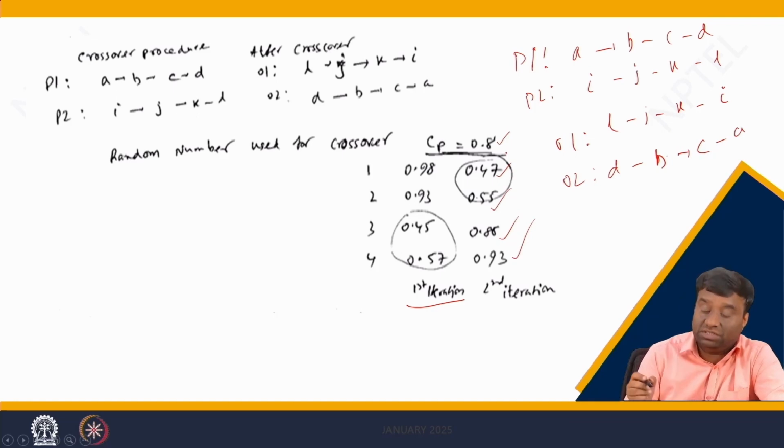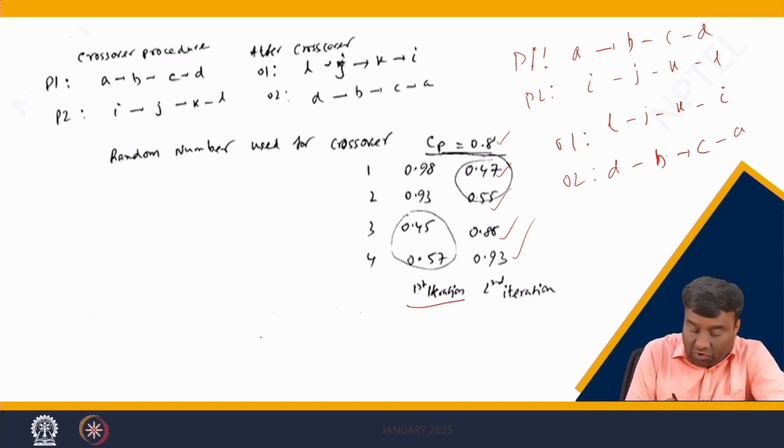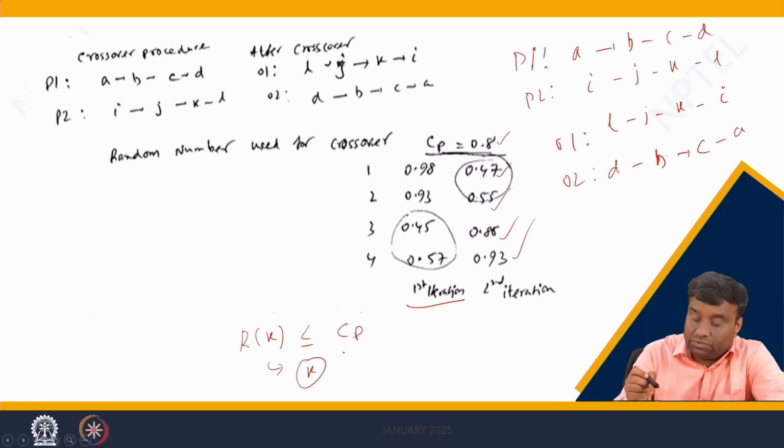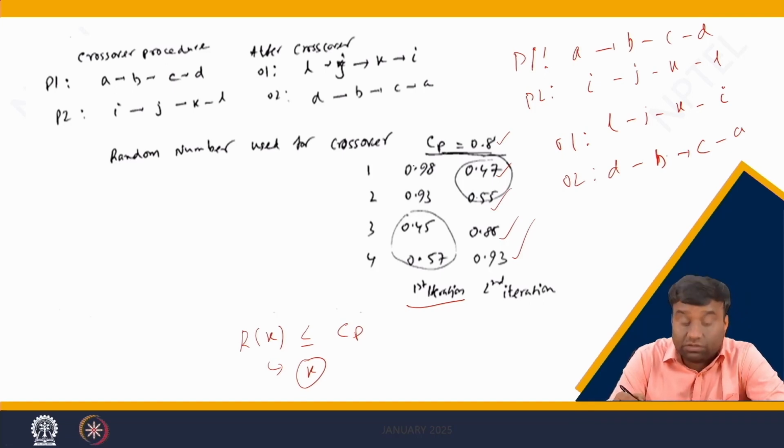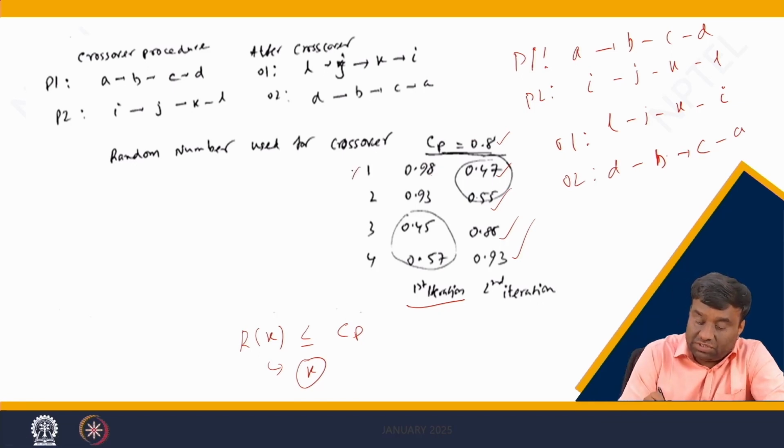So what does it mean? Suppose you are choosing a random number rk. If rk is less than the crossover probability, then we will select the k-th chromosome for crossover. So here the random number for the first chromosome is 0.98, greater than 0.8, so it will not be selected.